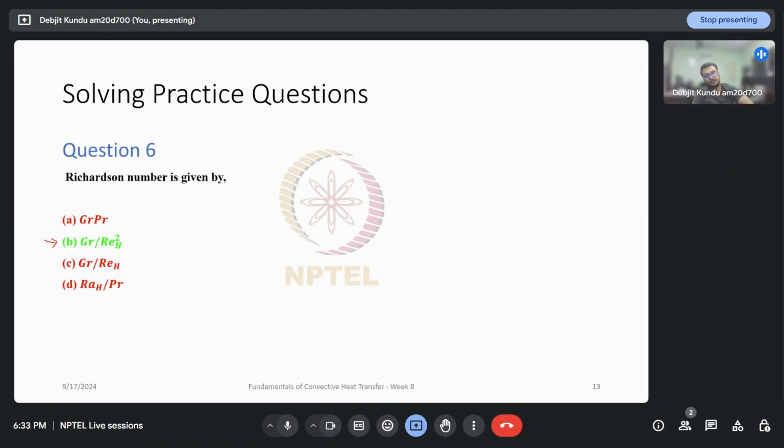So this represents the actual importance of the buoyancy term with respect to the others. So Richardson number is given by Grashof number by Reynolds number squared.